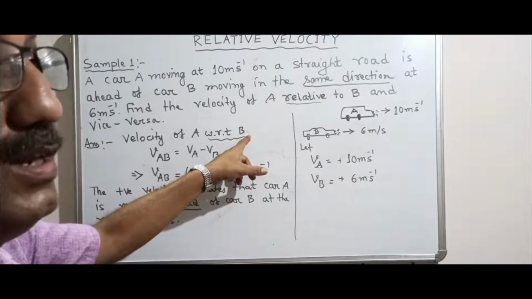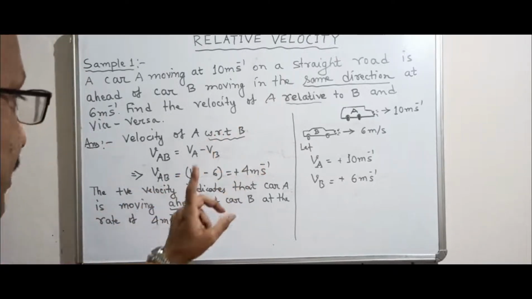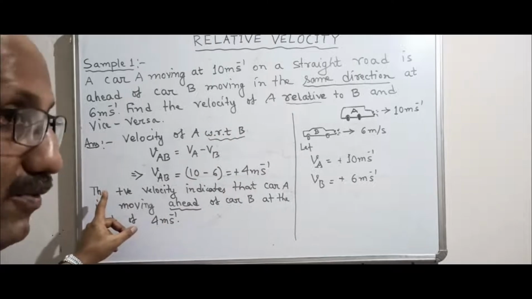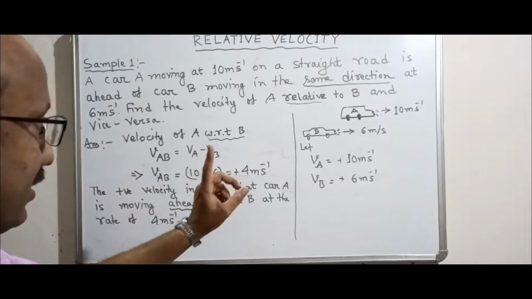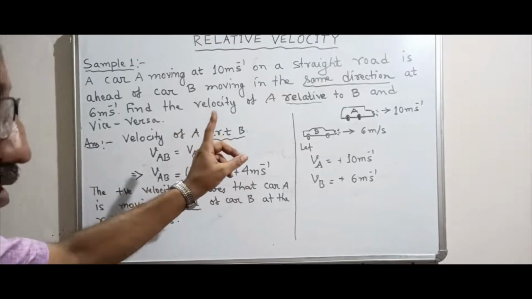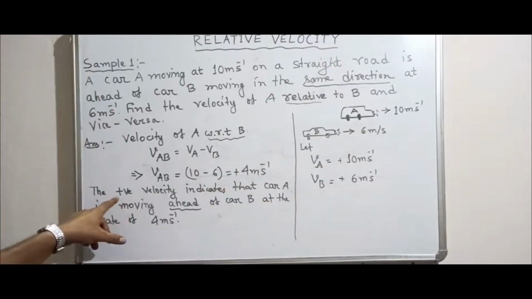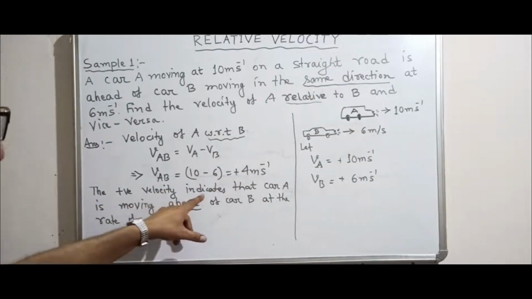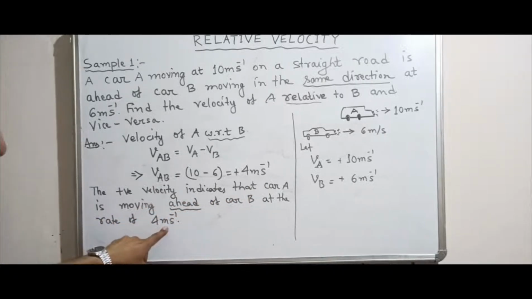So now B will say its own feeling. See what B feels we have written here. Answer is 4 meter per second. So you are interpreting the result, considering the feeling of B. What B is feeling? The positive velocity indicates that car A is moving ahead of car B at the rate of 4 meter per second.